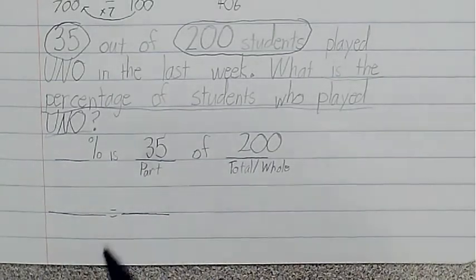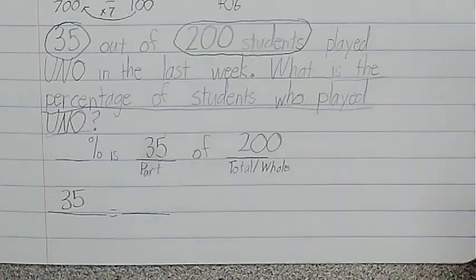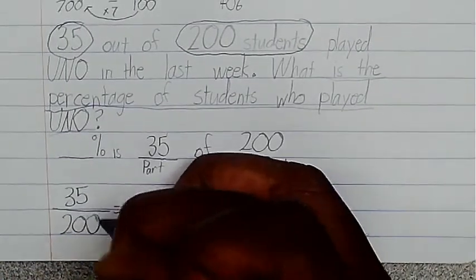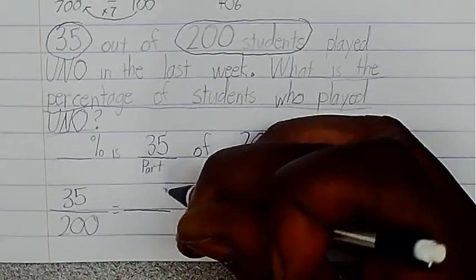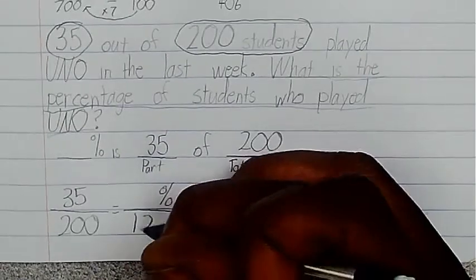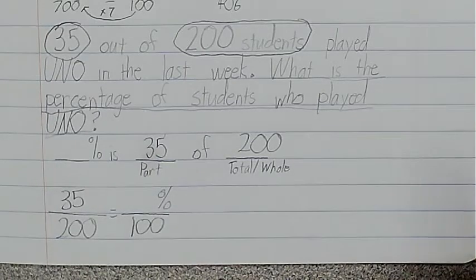We know part is 35. We know the total is 200. We're looking for the percent over 100. Okay? So now, we first look to see if there is a relationship.